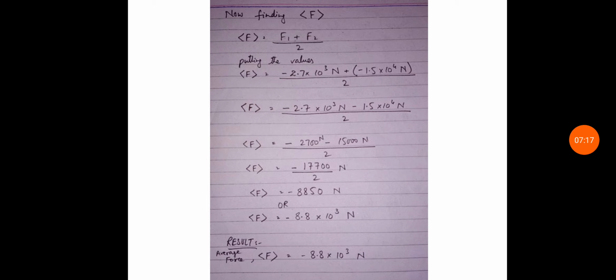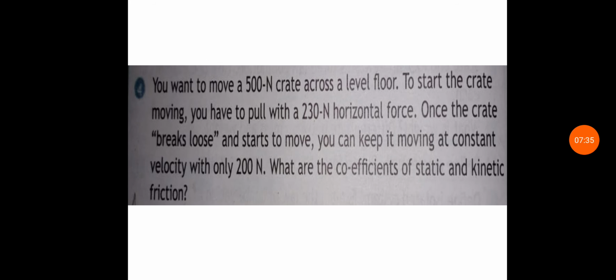By adding these two values we get 17700 divided by 2 Newton, and by dividing we get minus 8850 Newton, and to convert it in standard form we get minus 8.8 into 10 raised to power 3 Newton. So it is our result, that is average force.